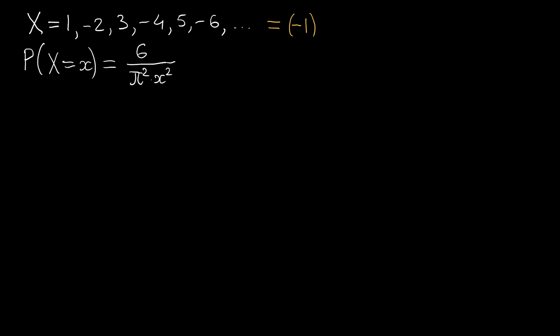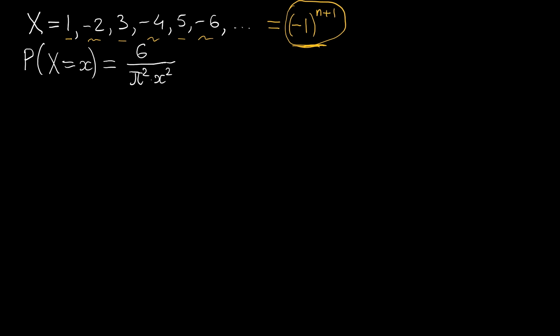So for odd indices, this is 1, 3, 5, we want the power to be even. So if n was the index and we took n plus 1 for the power, that will do, because then for odd indices this will evaluate to 1 and we get the positive sign. And then for even indices, n will be even, n plus 1 will be odd, and then this will evaluate to minus 1.